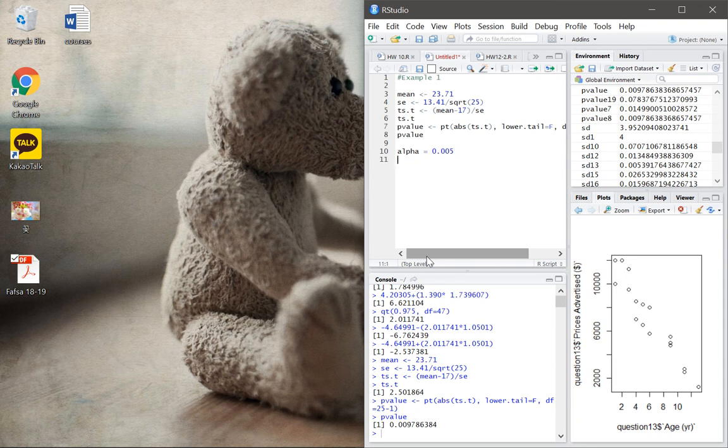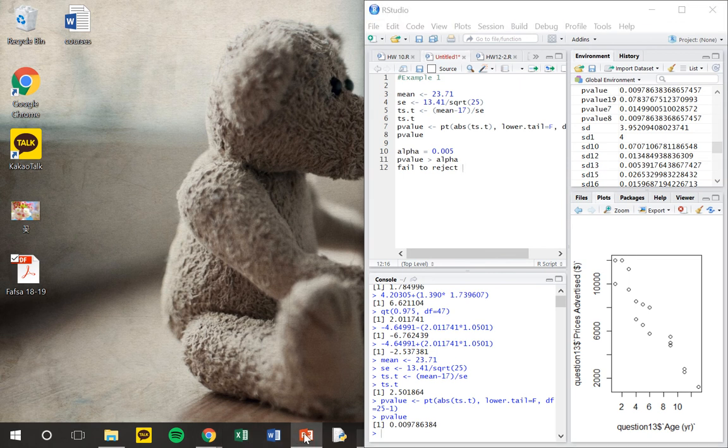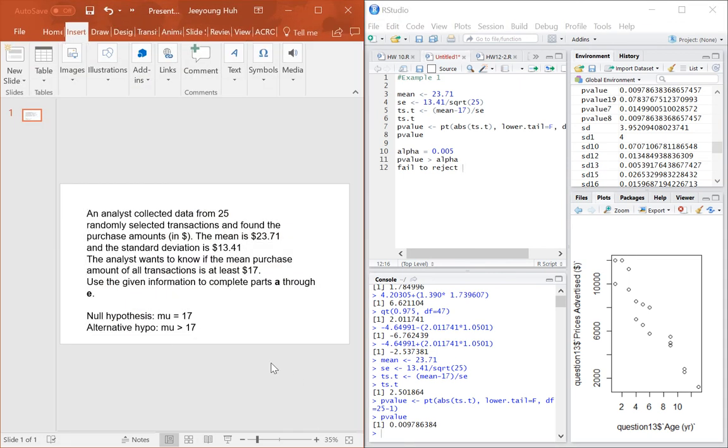No, because the p-value is greater than the alpha value. Since this is a particularly small alpha value, we fail to reject because the p-value is greater than alpha. So there isn't enough evidence to conclude that the mean purchase amount is greater than 17.